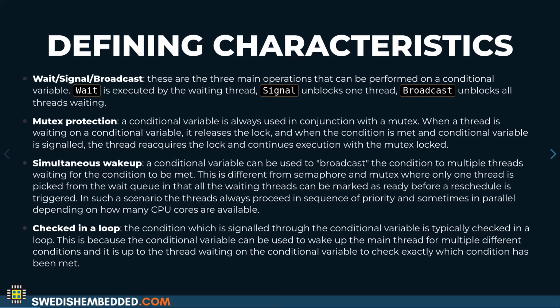We have guarantees about the mutex being locked, so we're going to look at how this actually works in practice. We're going to have a mutex that we're going to lock at first. We're then going to go waiting for the event, and the mutex is going to be unlocked while we're waiting. And then when the event arrives, the mutex is going to be locked again. And when we exit from the wait function, we're going to continue with the mutex locked.